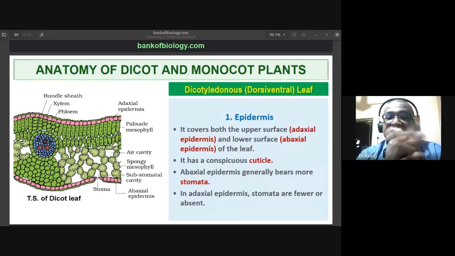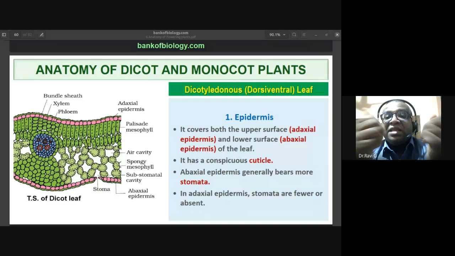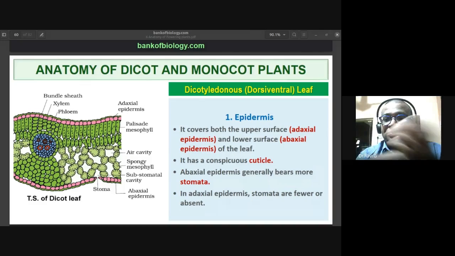This curling up of the leaf is brought about by the motor or bulliform cells, and they help in reducing transpiration. So this is in gist or in summary the differences between the monocot and dicot leaf.